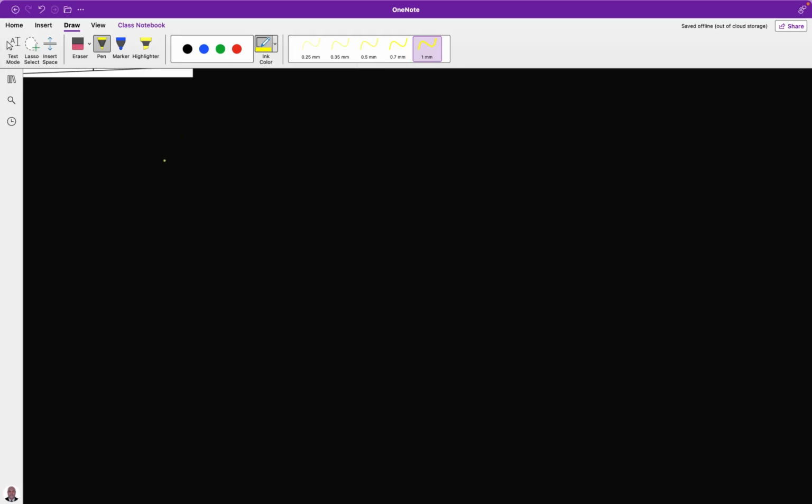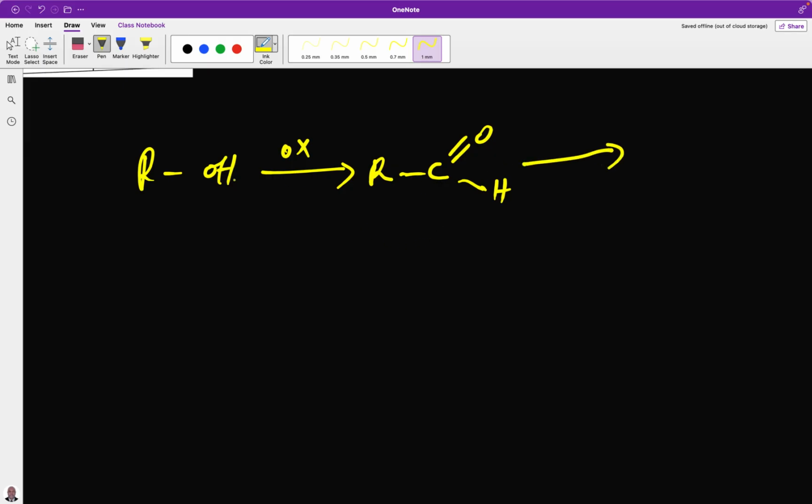The primary alcohols are oxidized to aldehydes, and are further oxidized to what? Carboxylic acid, the corresponding carboxylic acid. There is a reverse, the same way we reduce this.